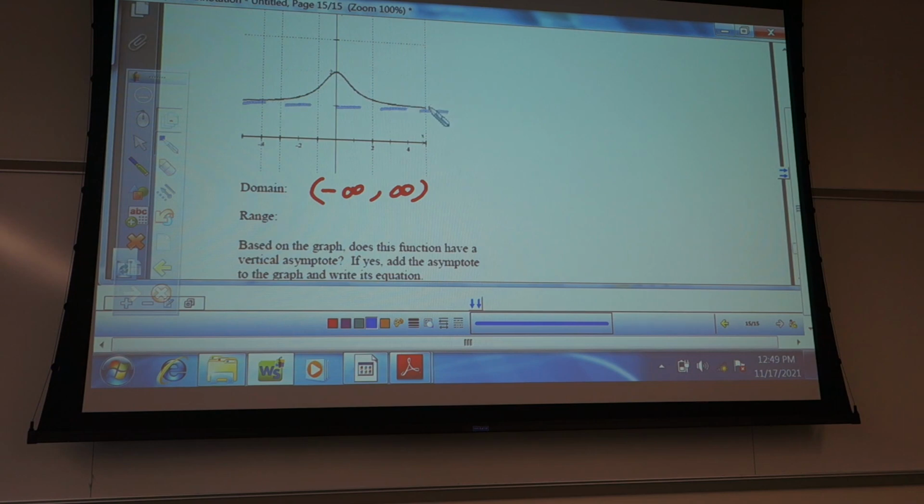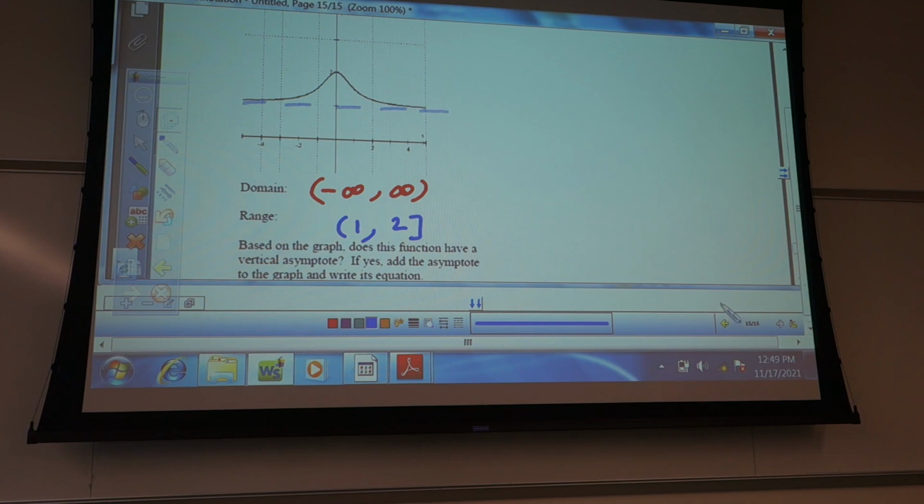The highest I go, this is a 2 here, 2 here. So the highest I go is 2. What's the lowest I go? 1. Can I touch 1? No, so that's going to be a rounded bracket. Can I touch 2? Yes, so it's going to be square.